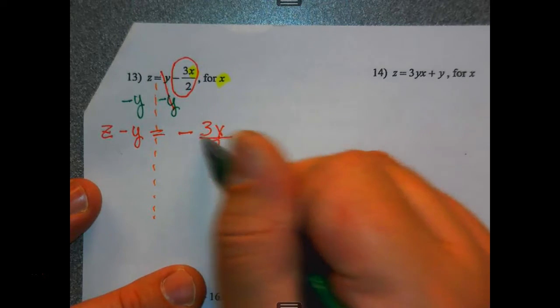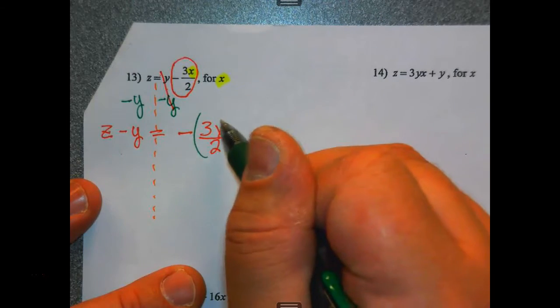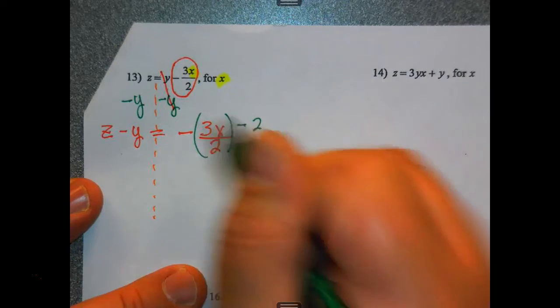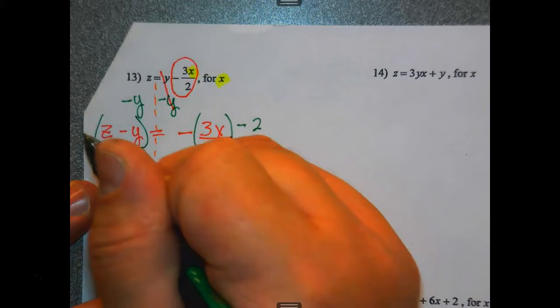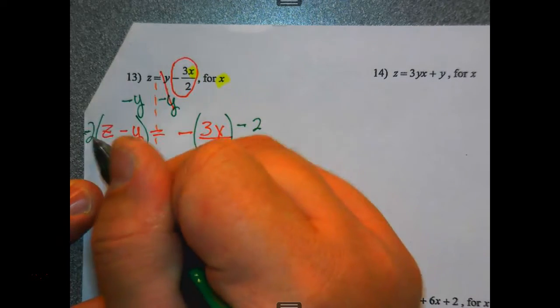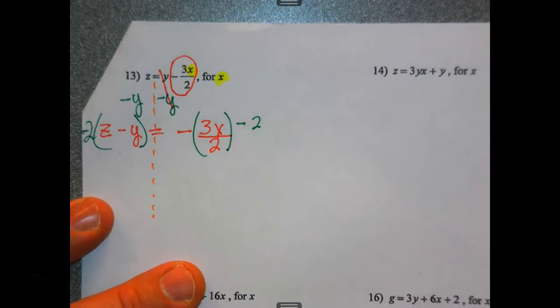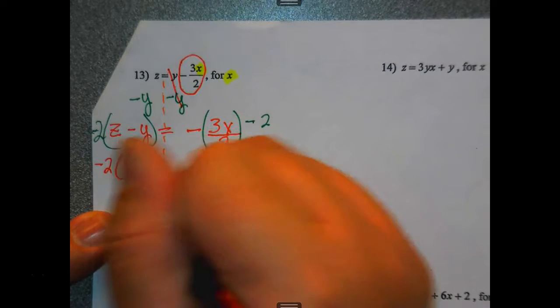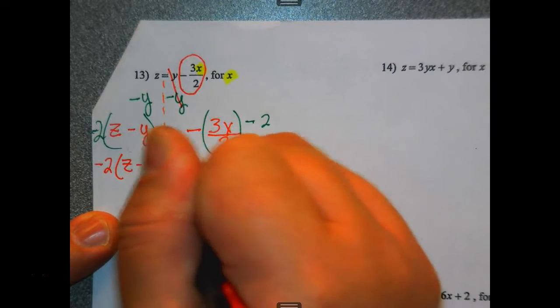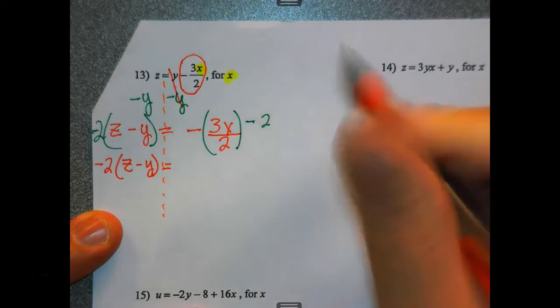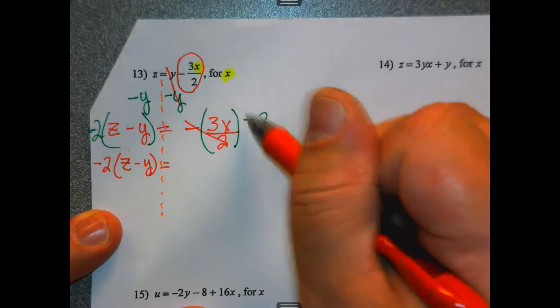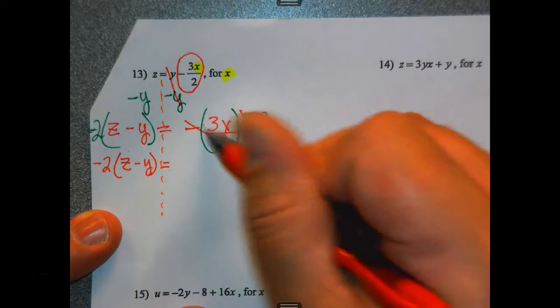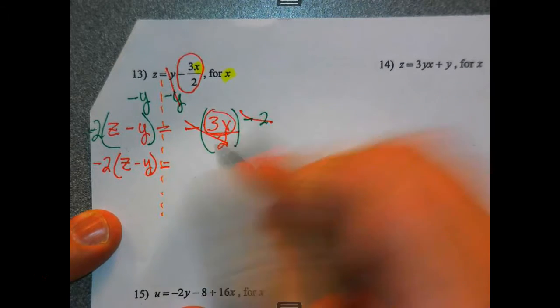Still trying to get this guy by itself, so I'm going to multiply both sides by negative 2. So left-hand side, negative 2 times z minus y. Negative 2 cancels out. I get my positive 3x.